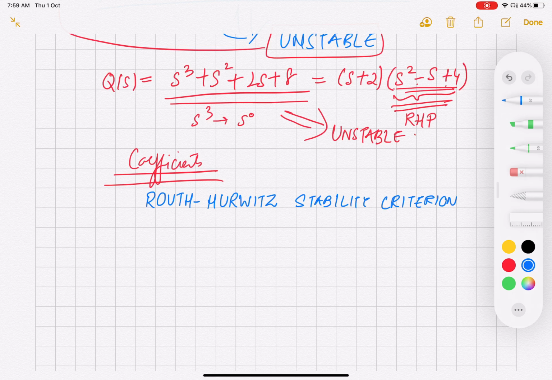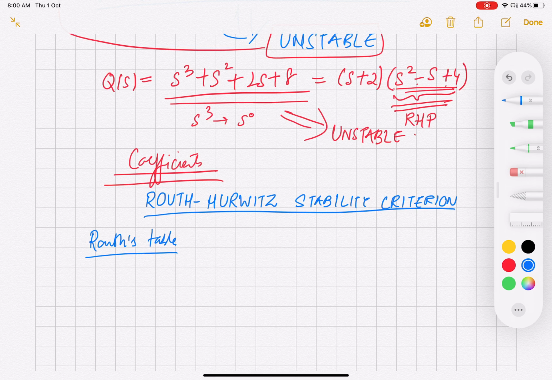This test helps us find whether the system is stable or unstable or marginally stable by performing a test on the coefficients of the characteristic polynomial. We have to make a table called the Routh table, which is very simple to make, and from the Routh table we can find out whether the system is stable or unstable, and we can even know the number of right half poles in the system, right?